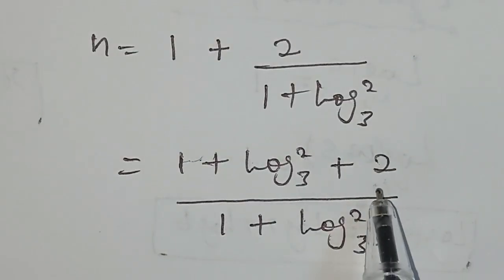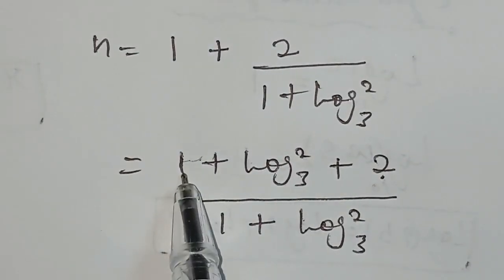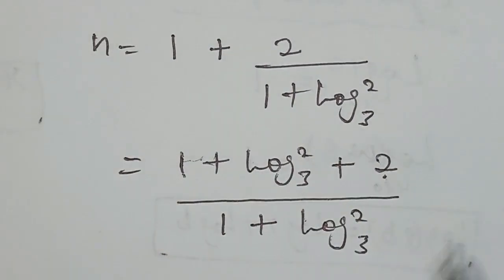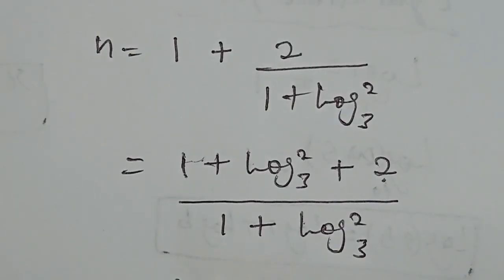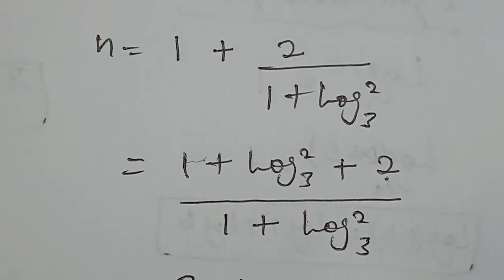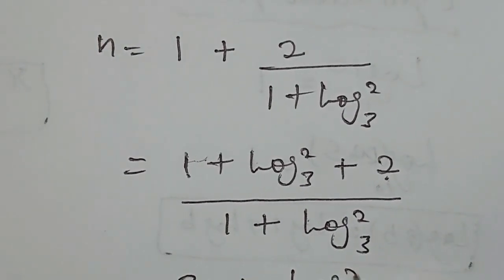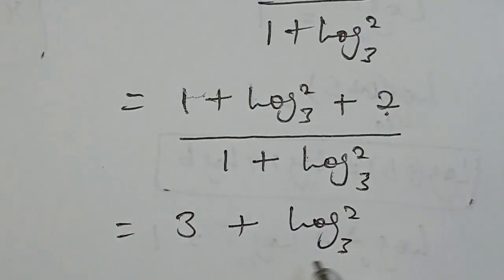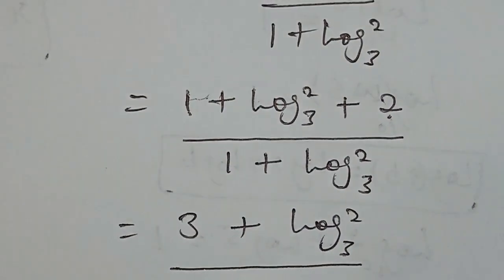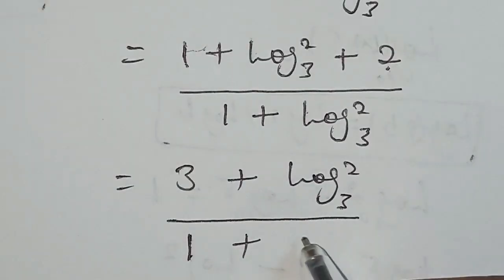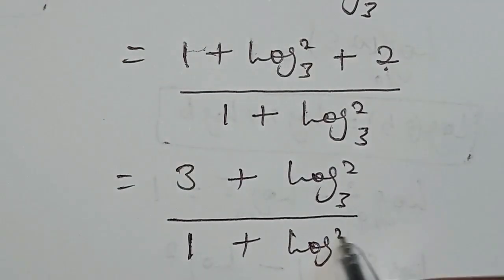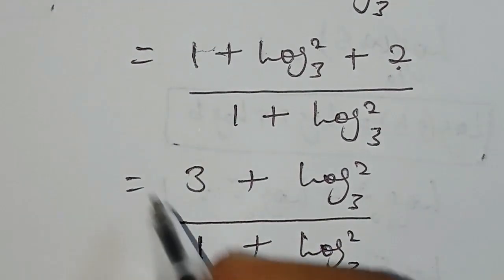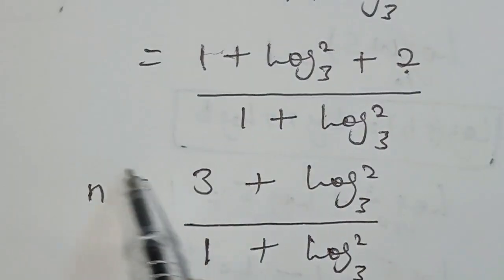We can add 1 plus 2, and that gives us (3 plus log 2 base 3) over (1 plus log 2 base 3). And this is another value of n.